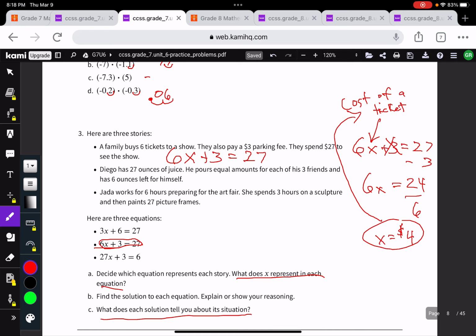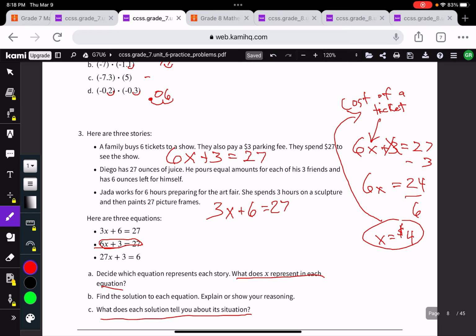So Diego has 27 ounces of juice. He pours equal amounts for each of his 3 friends and 6 ounces for himself. So 27 ounces of juice. 3 of his friends get who knows how much. He gets 6 ounces, and altogether, that's 27. Which one does that look like? Well, that's that first equation.